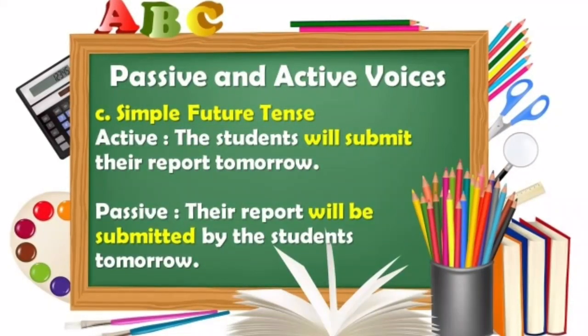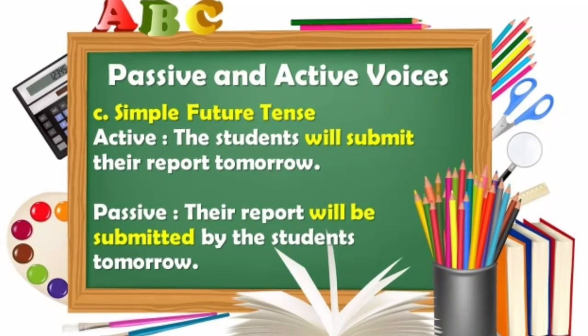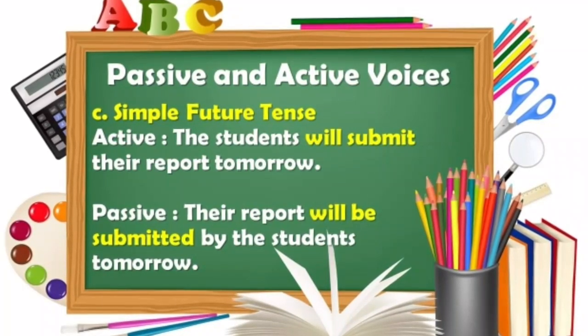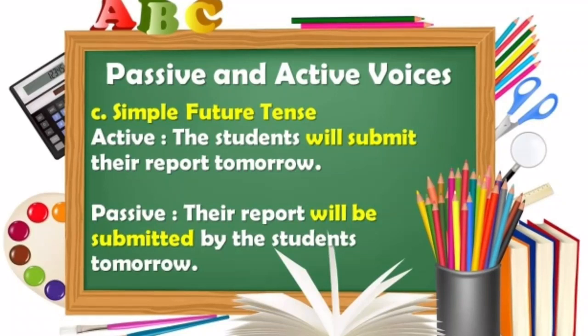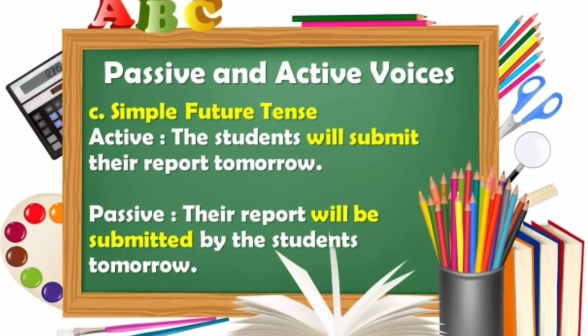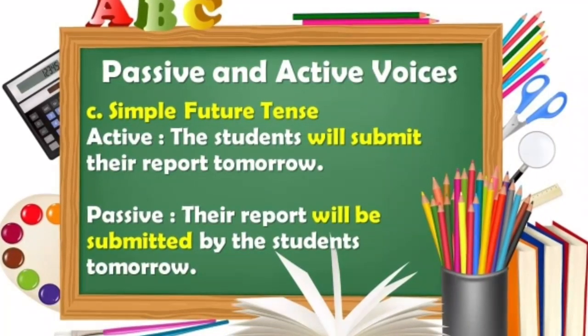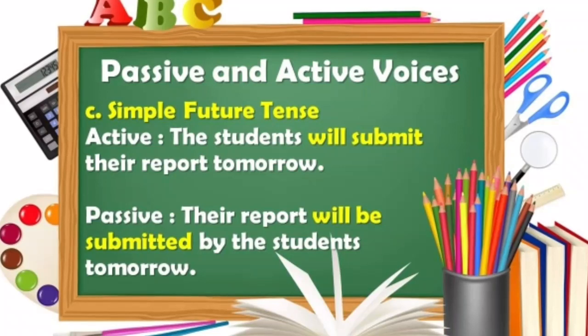Now let us have a simple future tense. Example, in an active voice, the students will submit their report tomorrow. The students here is the subject, will submit is the action, and their report is the object.